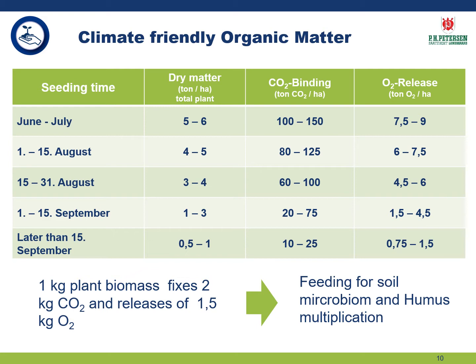If you have a seeding time later than the 15th of September, there's only the possibility of 1 to 1.5 tons on average. 1 kilogram of plant biomass fixes 2 kilograms of CO2 and releases 1.5 kilograms of oxygen. This climate-friendly organic matter feeds the soil microbiome and multiplies the humus.